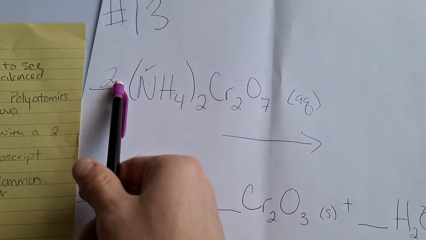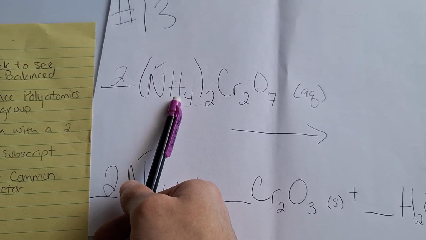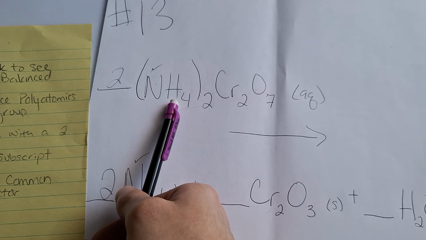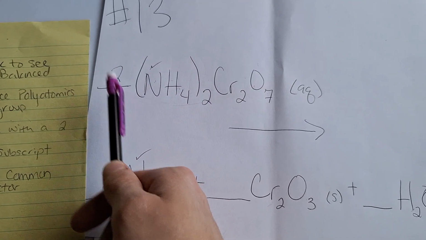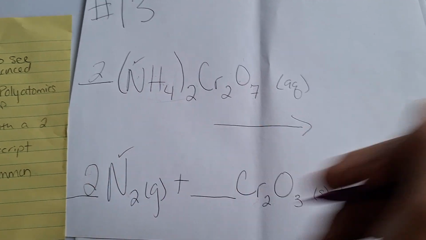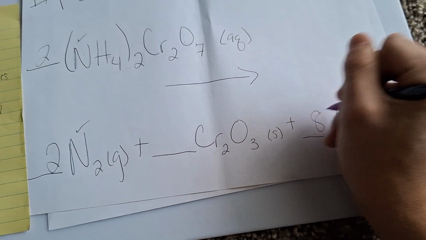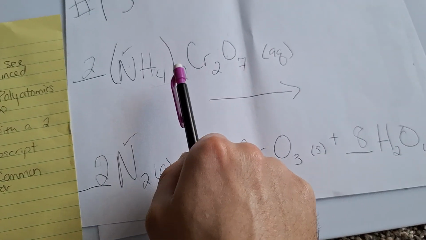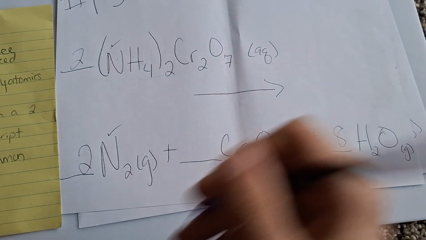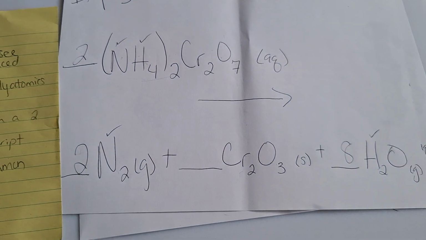Okay? So we already had 8 hydrogen here. From this. But now we have to multiply that by 2. So 16 total hydrogen. Which means we have to go 8 here. 8 times 2, 16. 4 times 2 times 2. 16. Hydrogens check out. Okay?